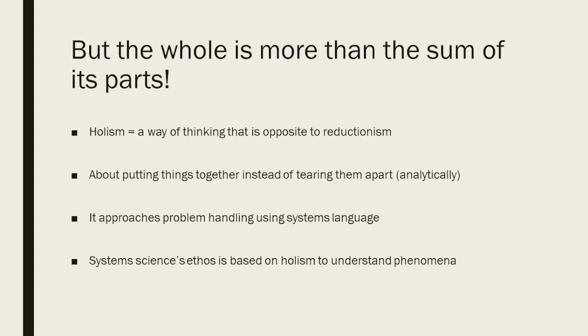It approaches problem handling and stakeholder values using methodologies and tools that are associated with systems thinking language. So systems science has been suggesting holism as a way to correct this reductionist way of thinking, to understand societal problems.